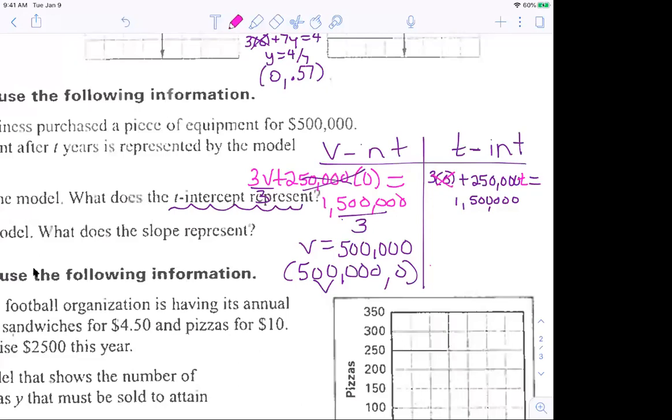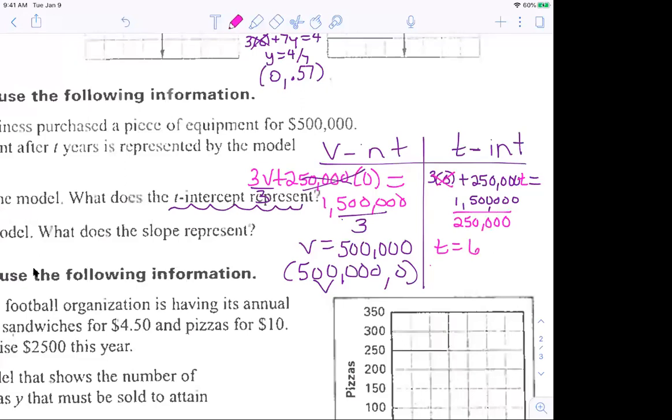So I am taking 250,000 and I'm going to divide that into 1.5 million because I want to figure out T. So what's 1.5 million divided by 250,000? So we can figure out our T variable or our T intercept. 6.